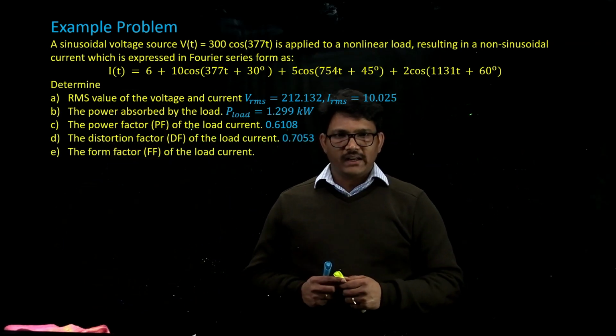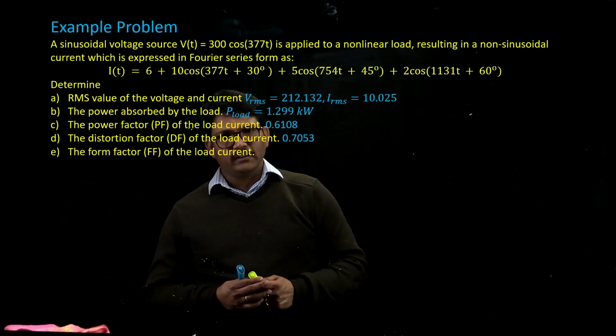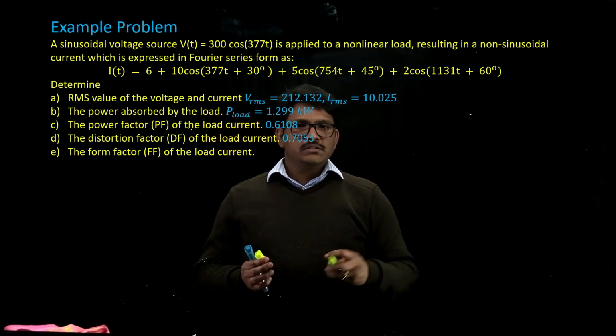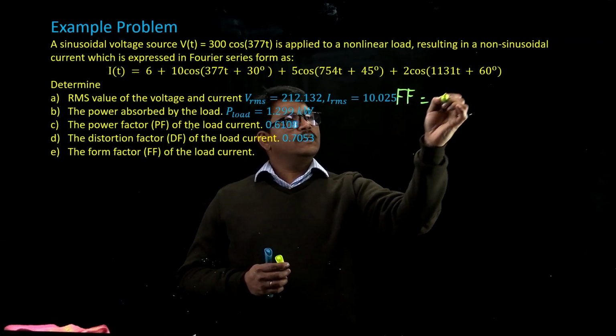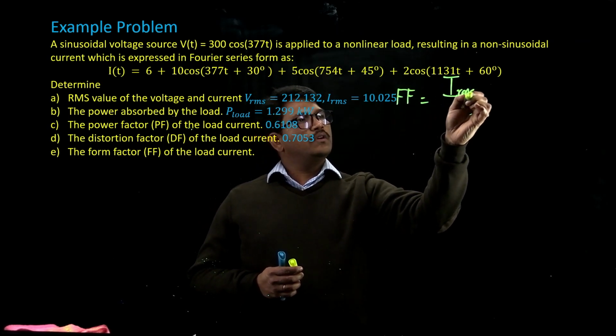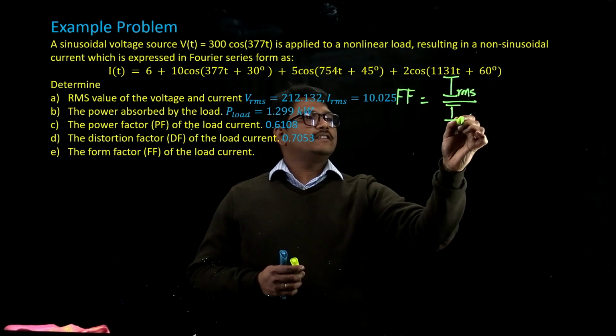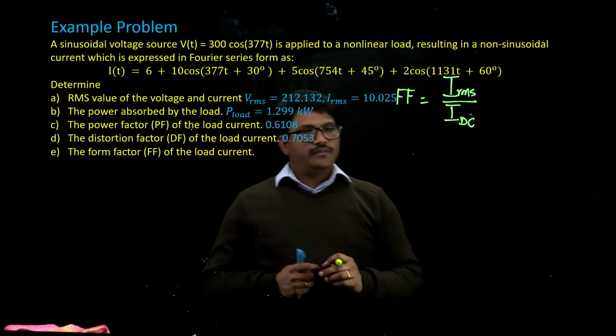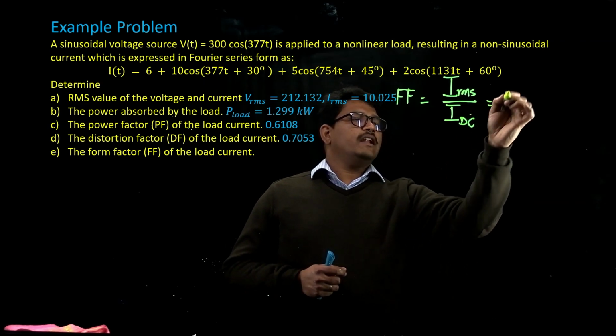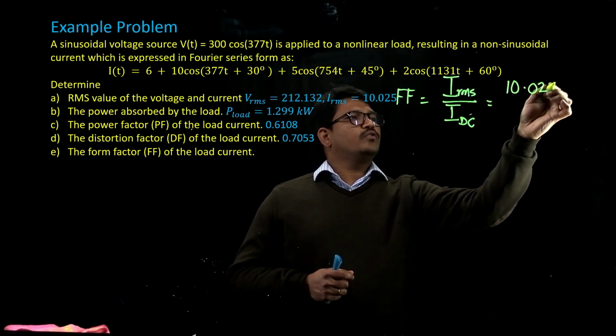Another power quality index that we need to calculate here is the form factor. Form factor is basically calculated as the RMS value upon the DC value of the current. So now the RMS value of the current is given as 10.025.